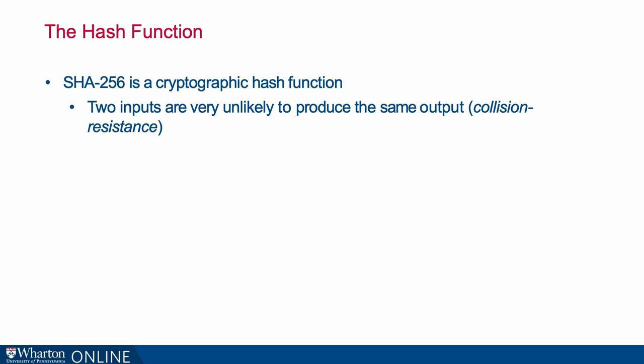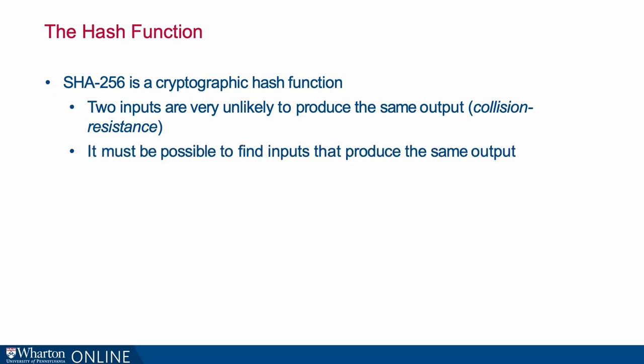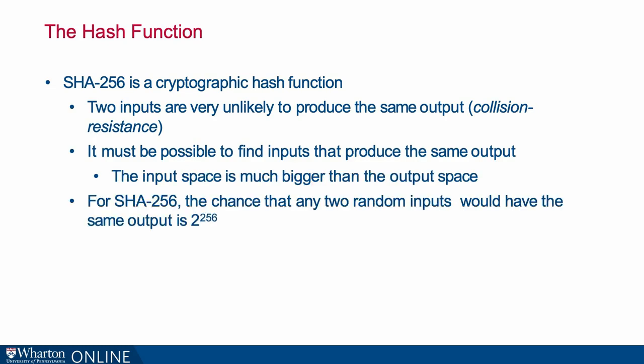Now, it must be theoretically possible to find inputs that produce the same output because the input space is much bigger than the output space. The output space is all 256-bit numbers. The input space is virtually anything you could type in a computer. So it must be possible to find inputs that produce the same output, but all we need is that it's very hard.